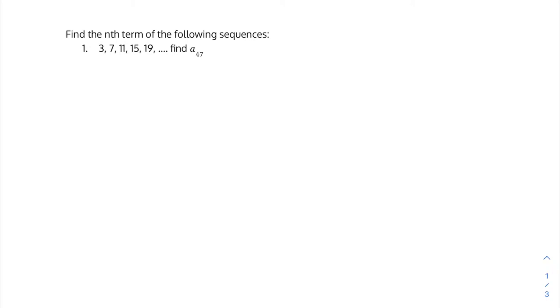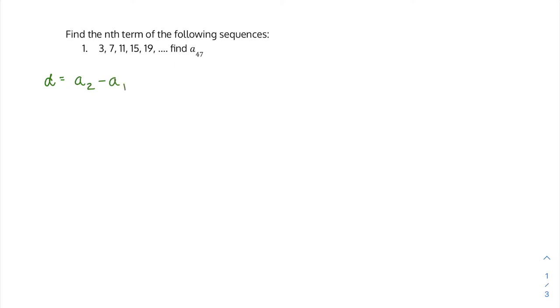But remember, our common difference has to be equal. The amount we are adding, that common difference, has to stay constant for this to be an arithmetic sequence. So a way that I can check is to find that common difference. If I know that it's arithmetic, the common difference is a2 minus a1.